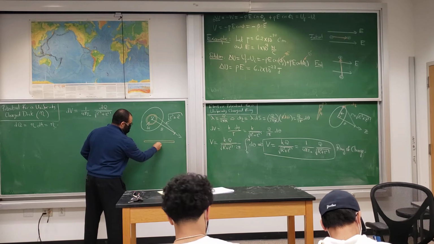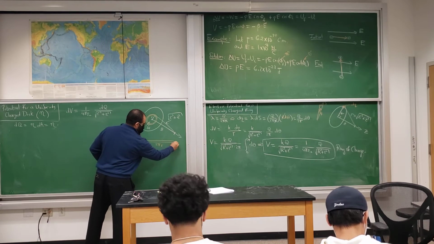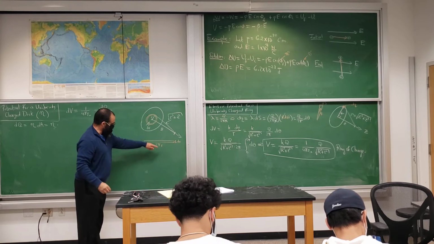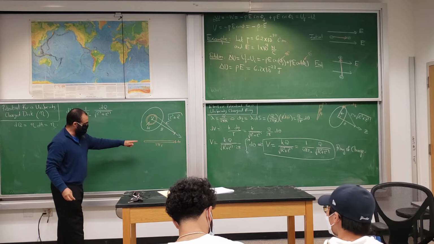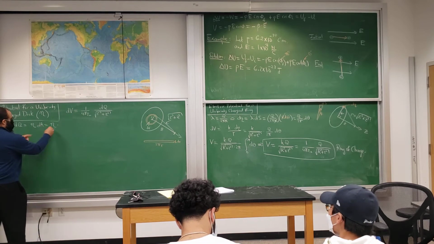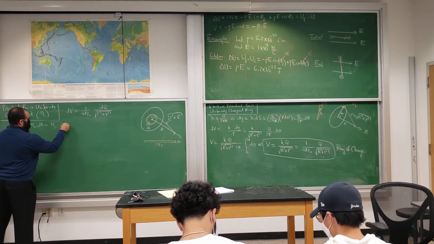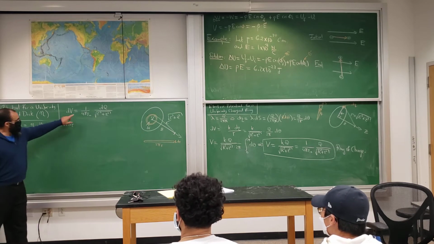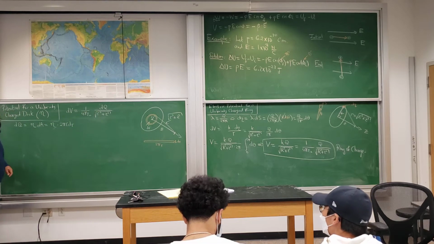So this is 2 pi r. And this is the thickness, dr. So the area is length times width for a rectangle. So 2 pi r dr, that's the area. So dA is 2 pi r times dr. So replace dq by this, and now you're ready to go.